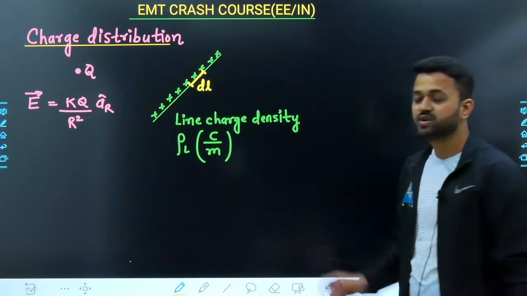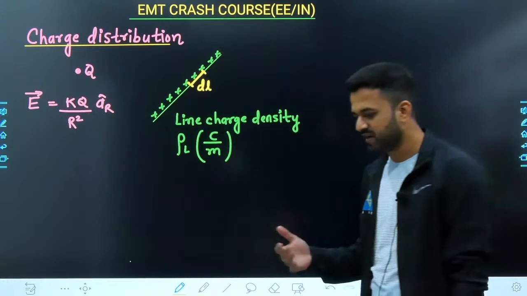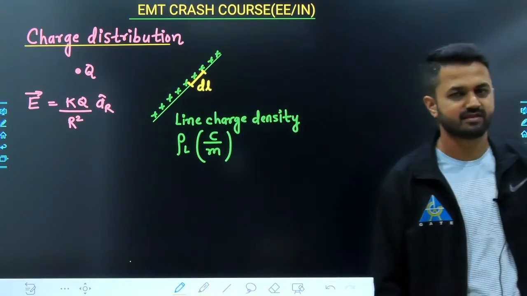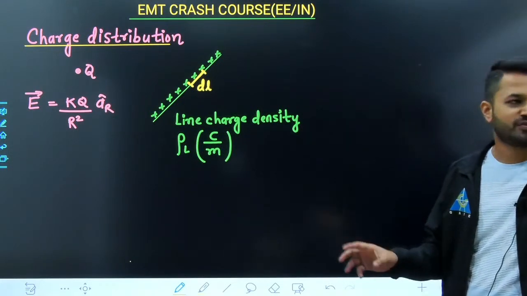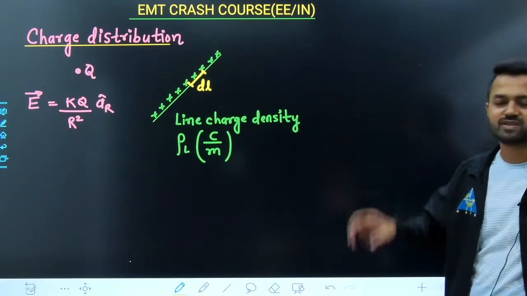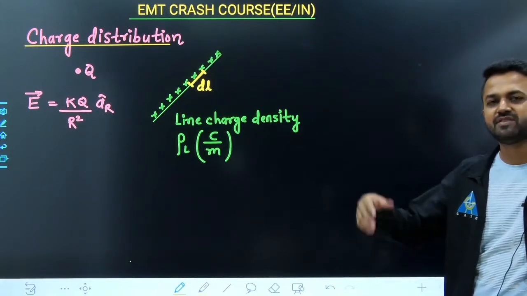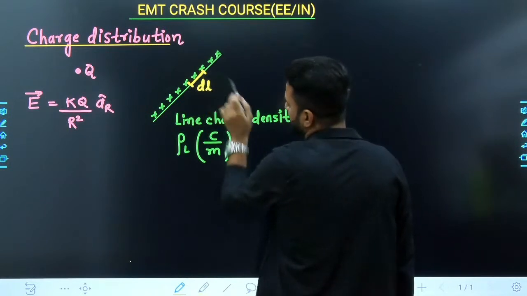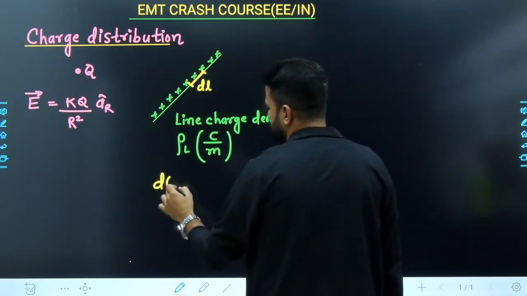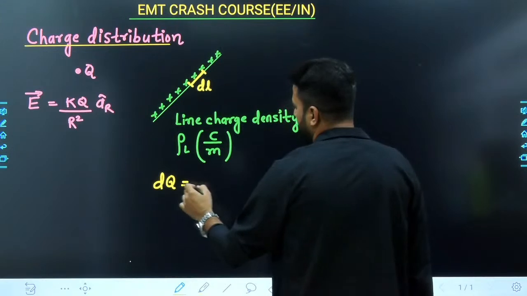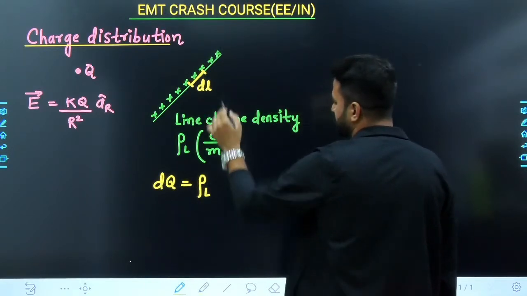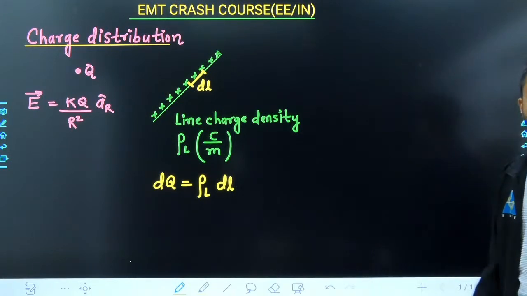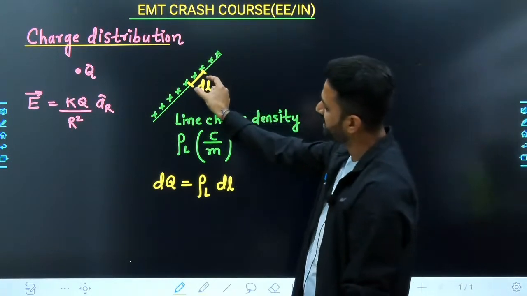The unit is Coulomb per meter, so you have to multiply by meter, which is the dimension of length. So in this small portion, let us say this is dq, and it will be ρL into that small length dl, ρL into dl. This is the charge present in this small part.